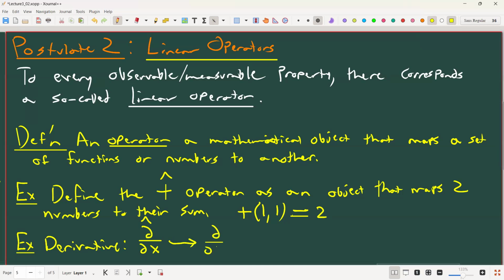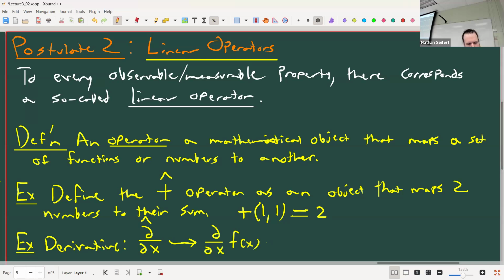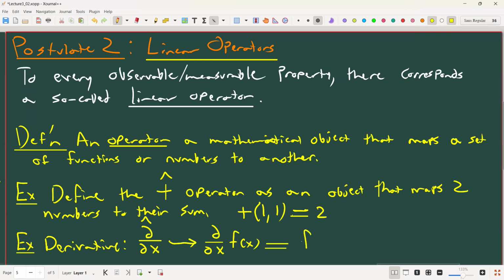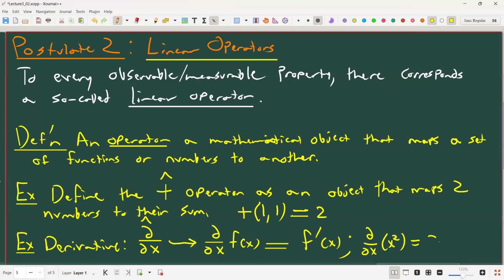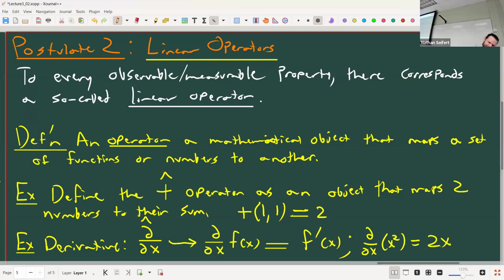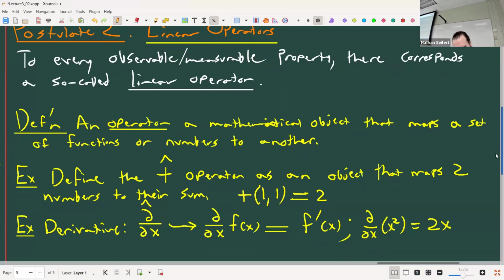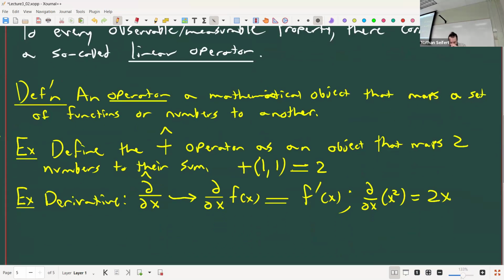Well, it takes in a function f of x and gives you the derivative of that function. So for example, d by dx of x squared gives you 2x. Totally reasonable operator.